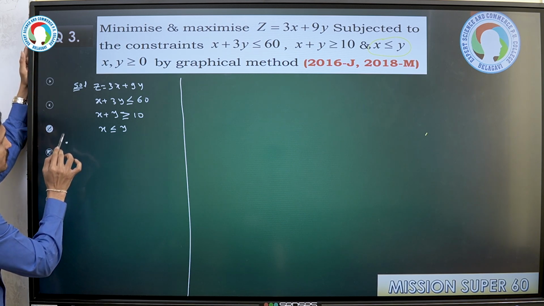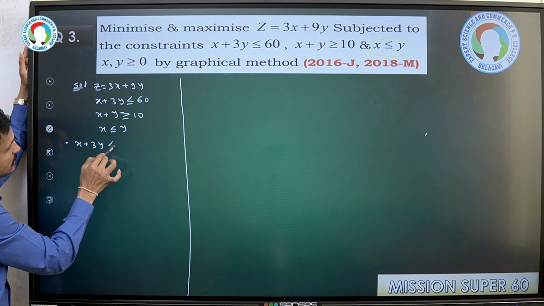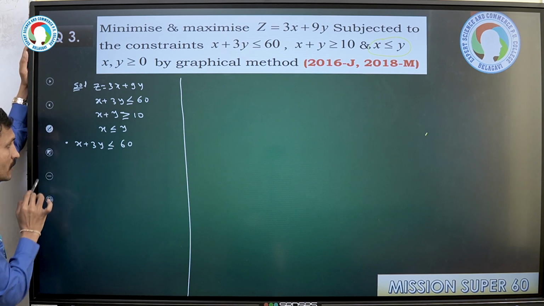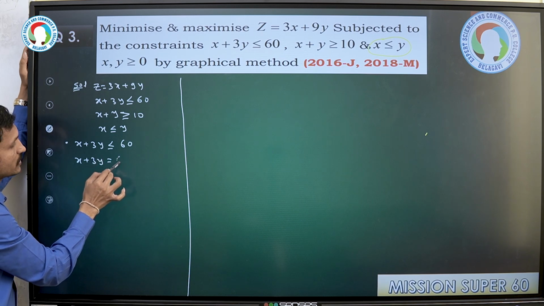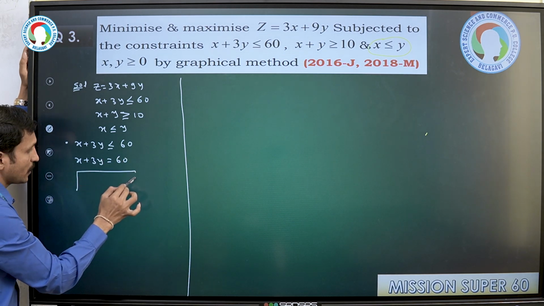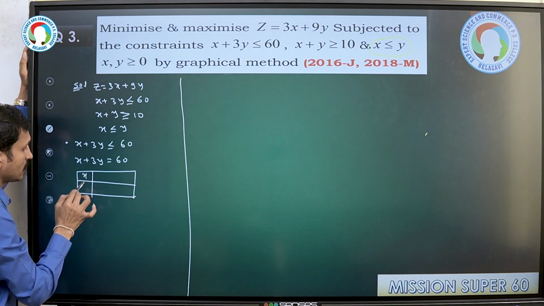See here, similarly, let us take x plus 3y is less than or equal to 60. What do you want to do? Same procedure: x plus 3y equal to 60. Put x and y in a table.